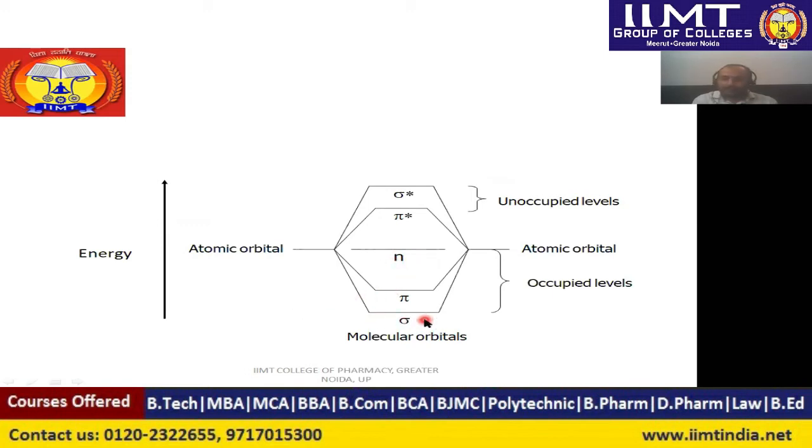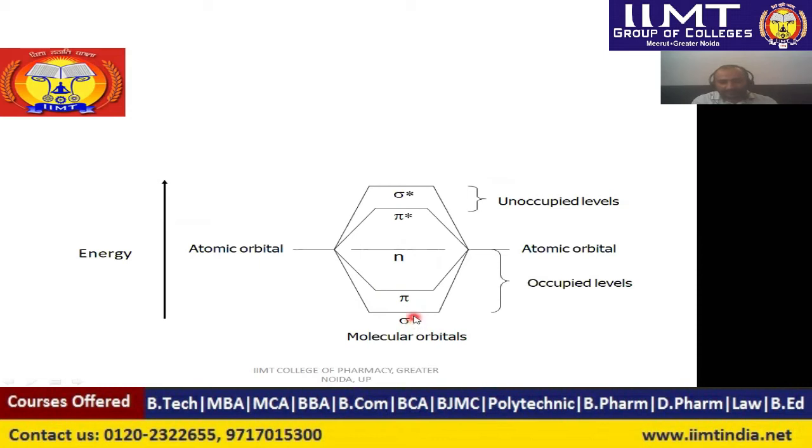As I also mentioned earlier, there is an electronic transition. Now assume there is a covalent bond on which electromagnetic radiation, that is UV light or visible light, falls.